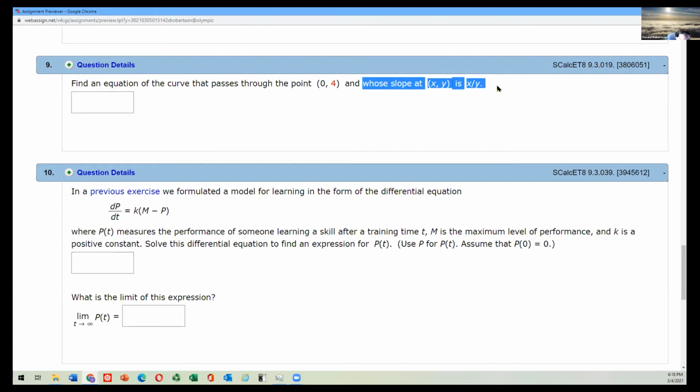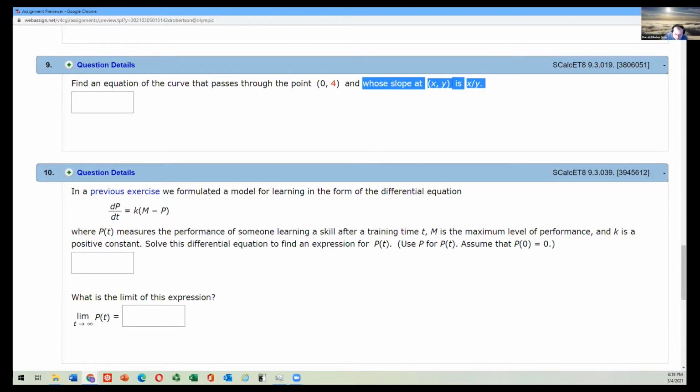Now, the slope is dy by dx, and it's equal to x over y. The other piece of information is 0, 4, basically x and y. Another way of writing that is y of 0 equals 4.